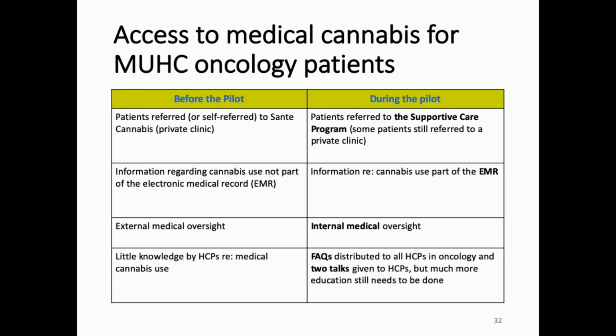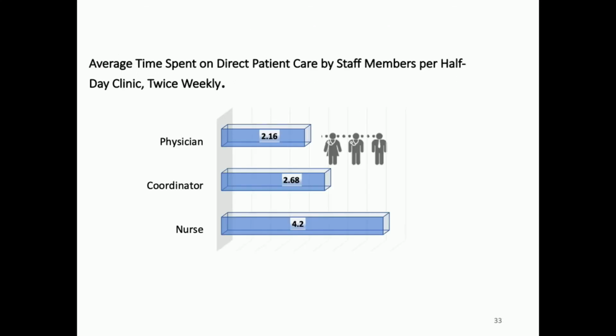We had an internal medical oversight, and also, as Professor Shriving does, we made publicity to the whole hospital about this available service, and the possibility to help clinicians to better understand how to work with us and potentially to participate in our work.